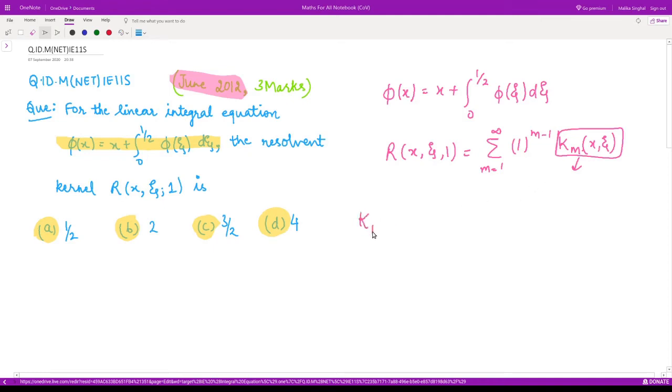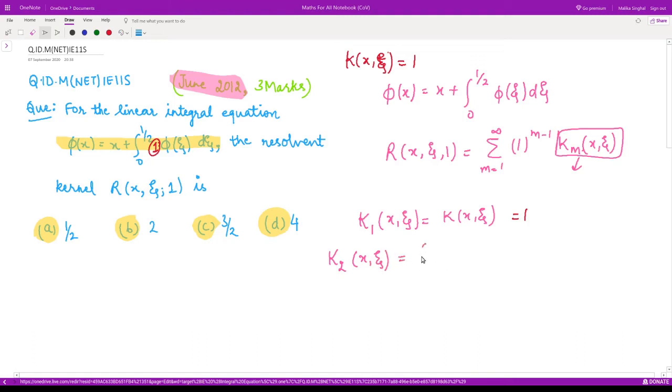Let us see, K1 of x xi is simply equal to the given kernel. What is the kernel in this case? In our question, the kernel K(x, xi) is equal to 1 because here no term is given. So it is equal to 1. Now let us see the next term, K2(x, xi).